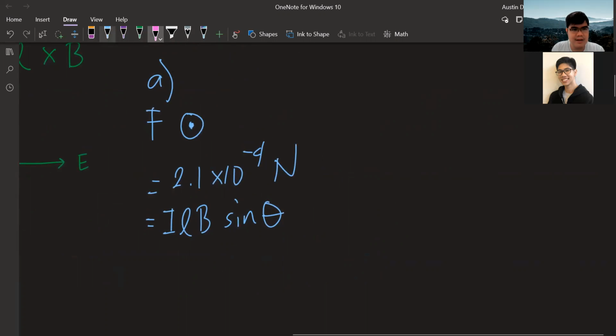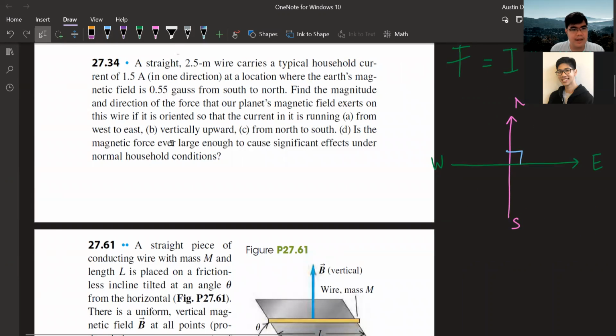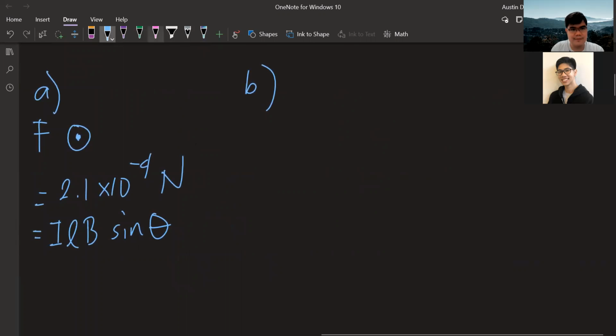Okay. So again, let's proceed. Letter B naman is vertically upward. So we have the magnetic field going up, north, south. Tapos the current is pointing vertically upward, so towards us, out of the page. Out of the page yung current.